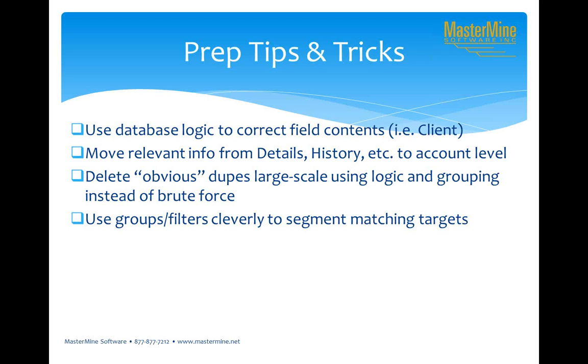Where you can really tell that they're what I call obvious dupes, meaning if they are exactly the same, then you know for a fact that you want to purge them. I would do that as a large-scale cleanup before getting down to the individual, show me every pair and let me make a human decision about which one to keep.